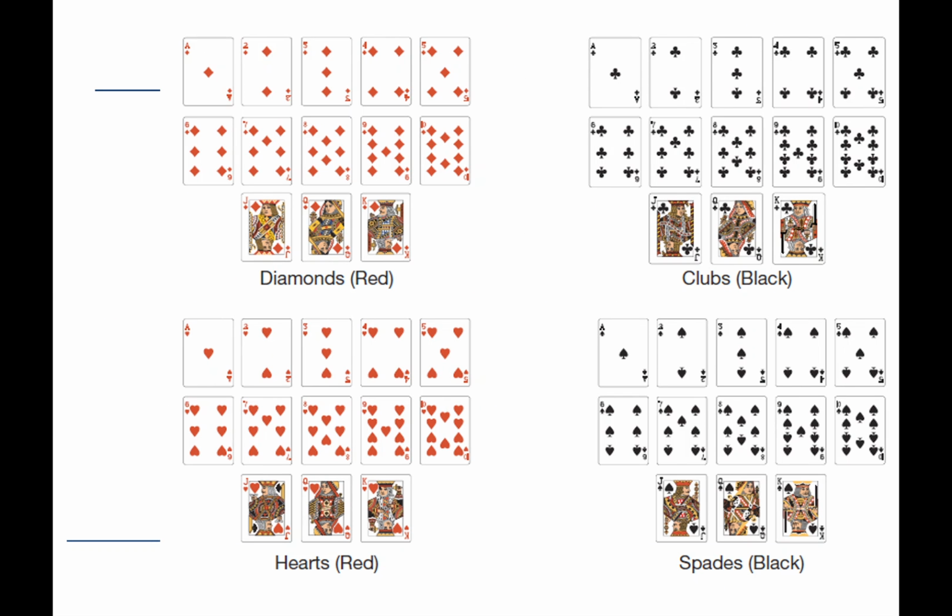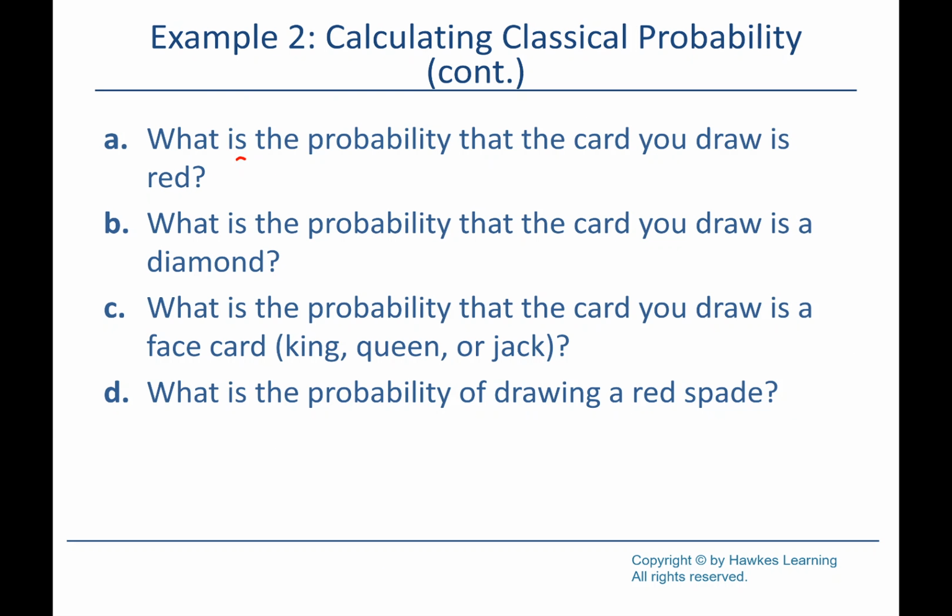Here we've got 2 suits of red cards. 13 diamonds if you count them, 13 hearts if you count them, for a total of 26 red cards. So there's 26 ways we could get a red card. That's the top number, the number of cards in our event, out of 52 total possibilities. 26 out of 52.